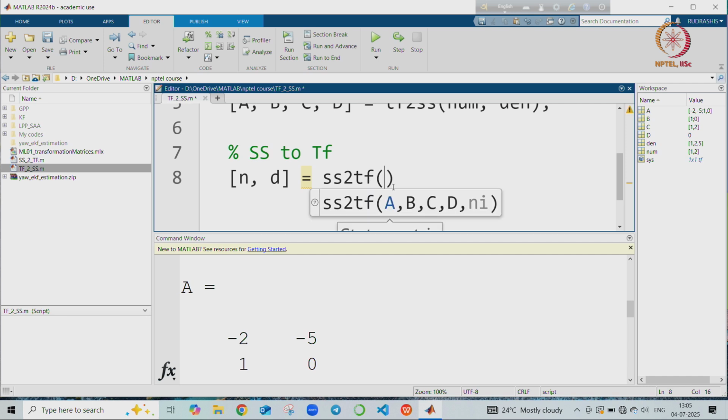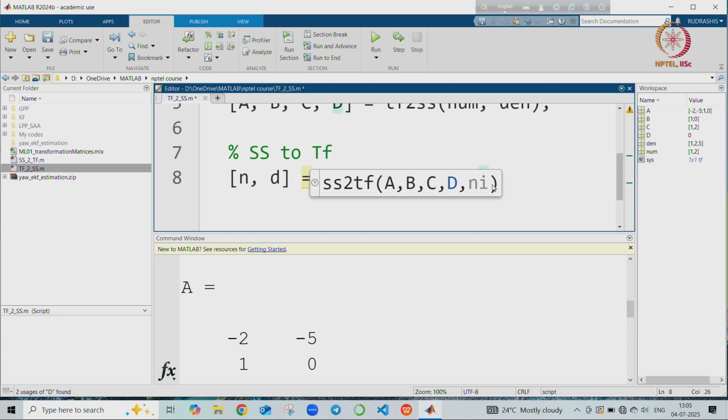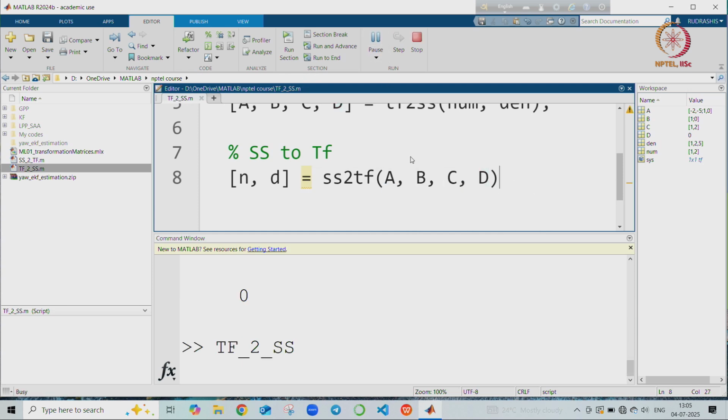We will write A, B, C, D. From this we can see that we are getting the numerator and the denominator for the transfer function as we specified.